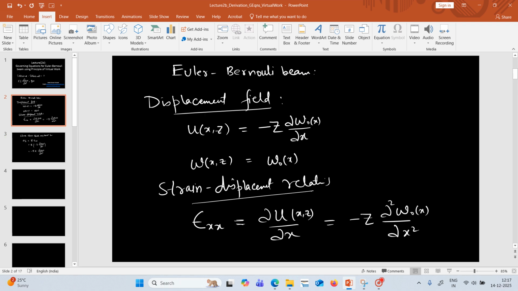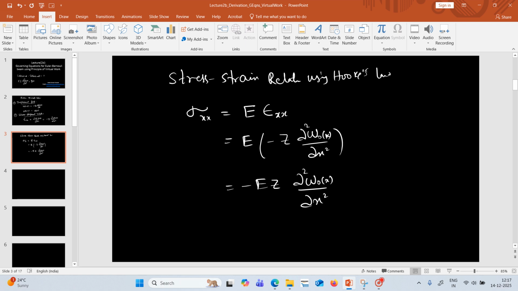So we have three things. First, we wrote the displacement field. Second, the strain displacement relations. Third, the stress-strain displacement relationship using Hooke's law.